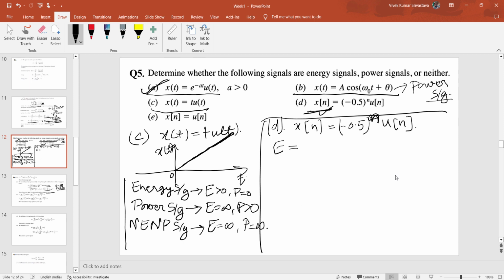Here we have to calculate the summation from n equals minus N to N of mod of x of n squared.